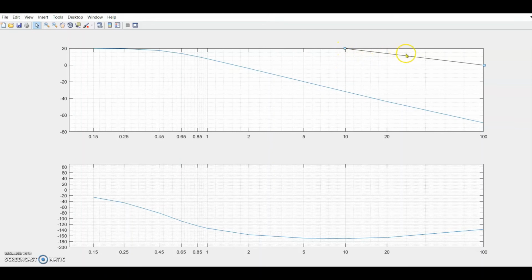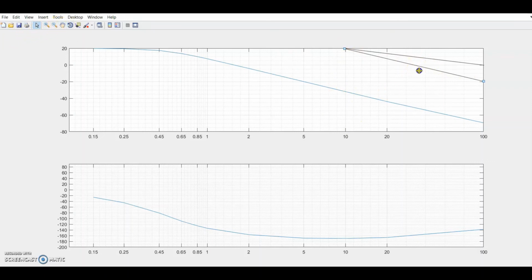So this line has a slope of minus 20 dB per decade. Similarly, if I draw another line of minus 40 dB per decade slope, it will start from 20 and by the time it reaches 100 it should drop by 40 dB, so it will go to minus 20. So in a decade it has dropped by 40 dB.